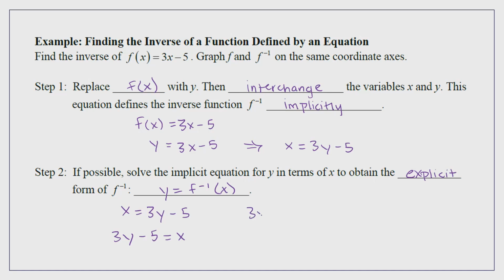So now I'm going to add 5 to both sides and now divide by 3. Okay, so y equals 1/3 times x plus 5, or in other words, the inverse function of f of x equals 1/3 x plus 5.